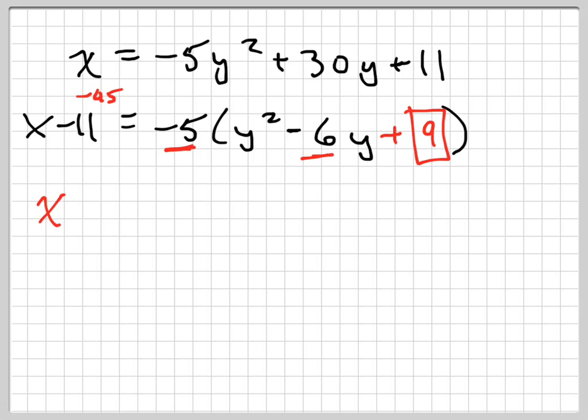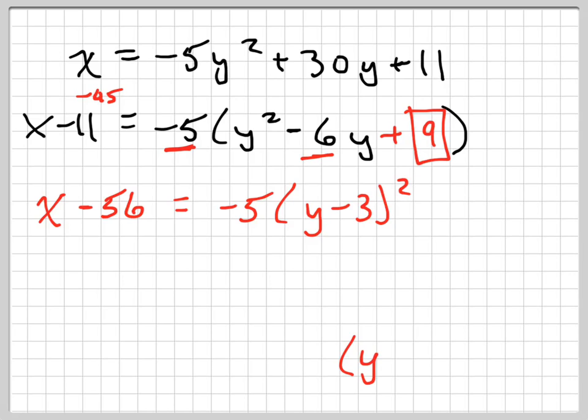So here's my next equation. x minus 56 equals -5 times (y minus 3) squared. Now, remember the formula for your parabola in your book: when it's a sideways opening one, it's going to be (y minus k) squared equals 4p times (x minus h).